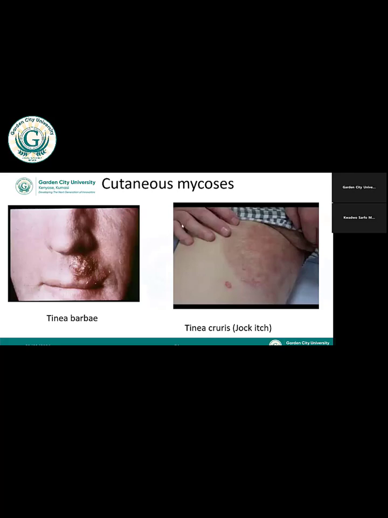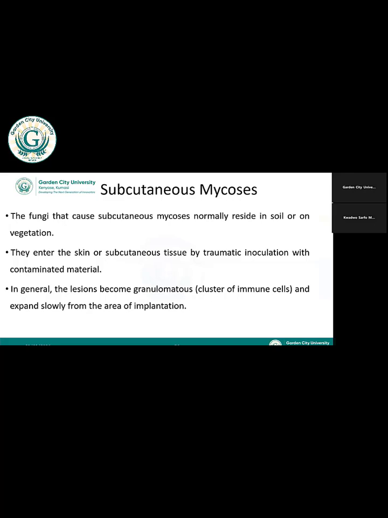So we move on. The subcutaneous fungal infections or mycoses. You have these organisms mostly in the soil or on vegetation.